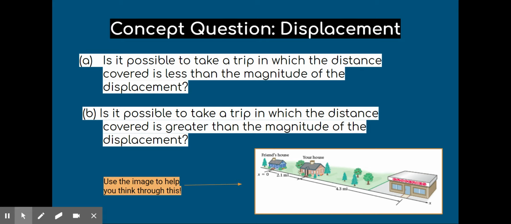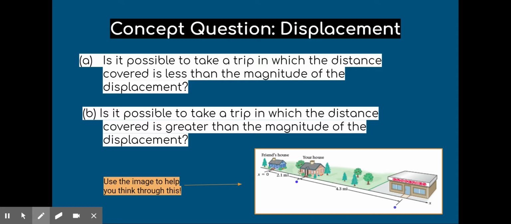Okay, so let's consider an example. You start here at your house and you go to the grocery store, all right? That is 4.3 miles. You have traveled 4.3 miles and your distance is 4.3 miles.